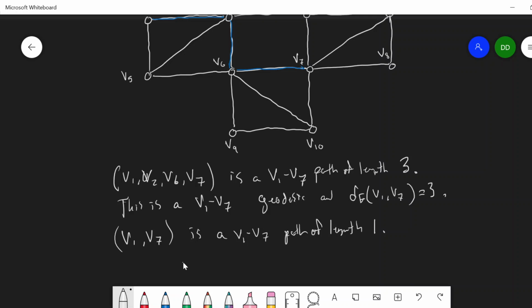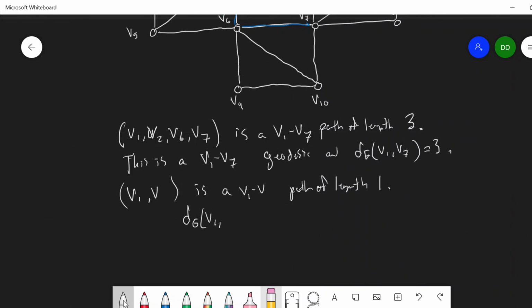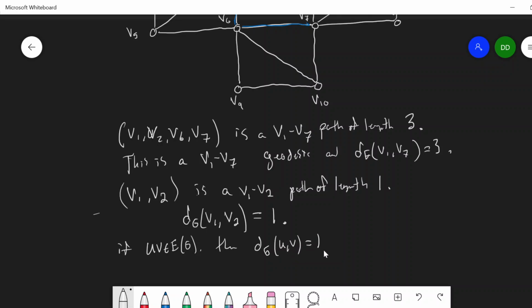So the distance between V1 and V2 is 1. For any two adjacent vertices, if UV is an edge of any graph, then the distance between U and V is equal to 1.